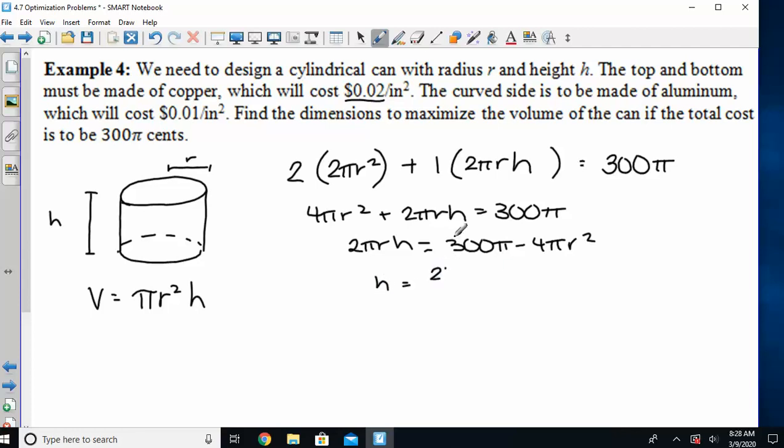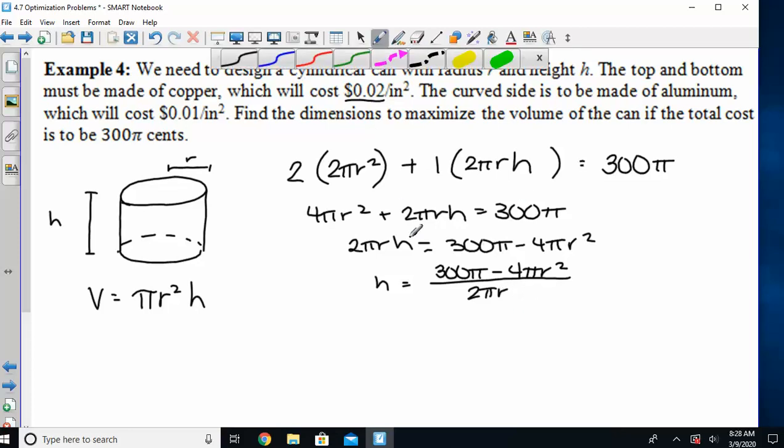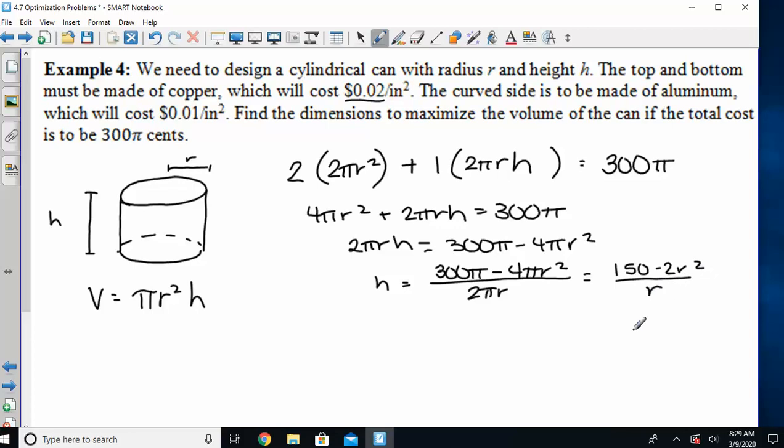Then I have to divide by the 2 pi r, because we're solving for h. Could I simplify this at all? Could reduce a 2 and a pi out of everything. Okay, so that's my h.